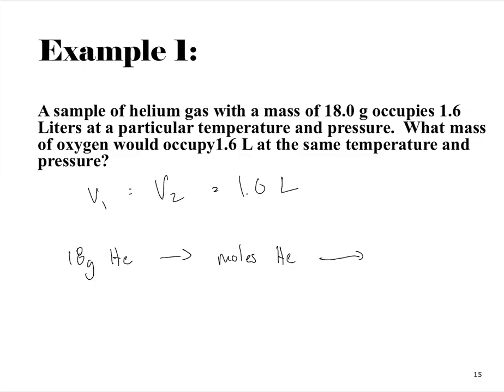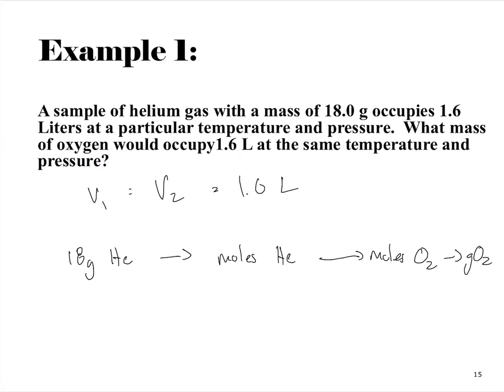So we just replace the moles of helium with moles of oxygen gas, and then convert that back to grams, right? And this allows us to go to grams of O2. Why?